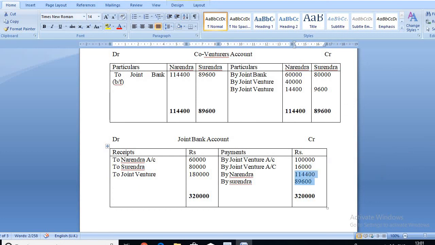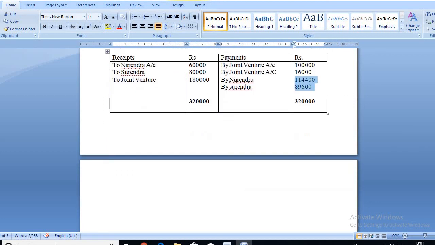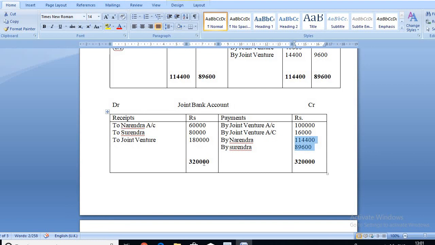Now make balance of this joint bank account. It will balance for rupees 3,20,000 on both sides, and there is no balancing figure. If this joint bank account gets balanced, then your solution is right.